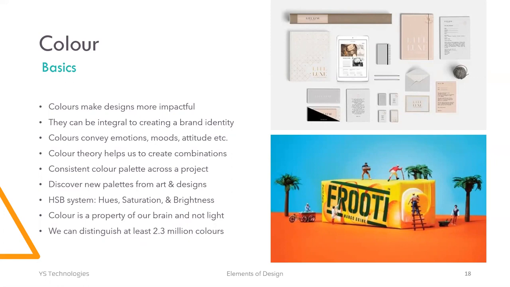To get a little bit more scientific, color is not a property of light. It's a common misunderstanding that different frequencies of light represent different colors. But in fact, it's the brain that creates the sensation of a color. And our brain can distinguish at least 2.3 million different colors.